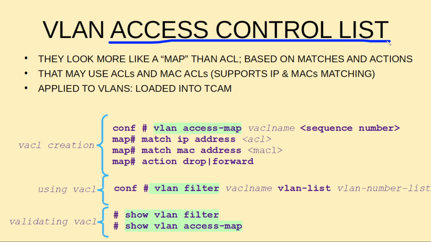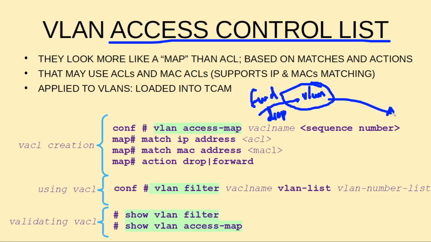However, I digress. The objective of a VLAN access control list is having control over the traffic that is entering the VLAN, so we can decide whether to forward this traffic or drop it as it is trying to enter the VLAN. And we also have control over the traffic that wants to exit the VLAN, so we have control over whether to forward it or drop it as it wants to exit the VLAN.